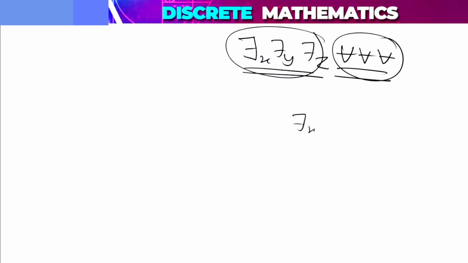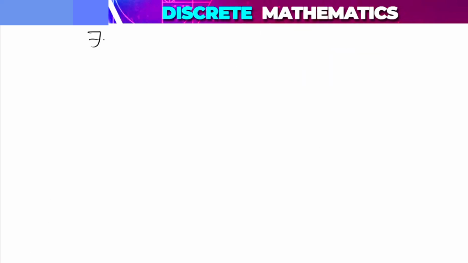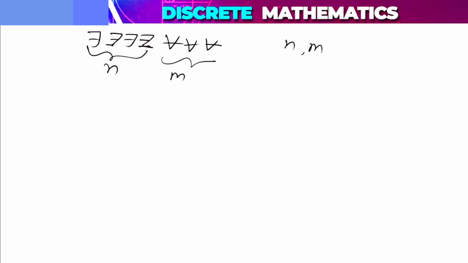Whatever you do, for this type of template, let me write, I told you yesterday also: let's assume there are n there exist, and then m for all. Let's assume that n comma m both are greater than 0. Means this template you have.